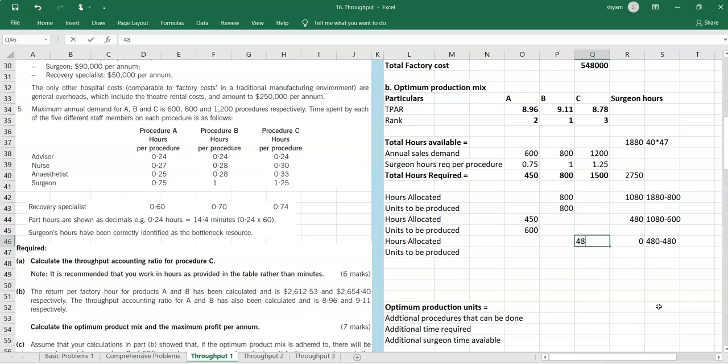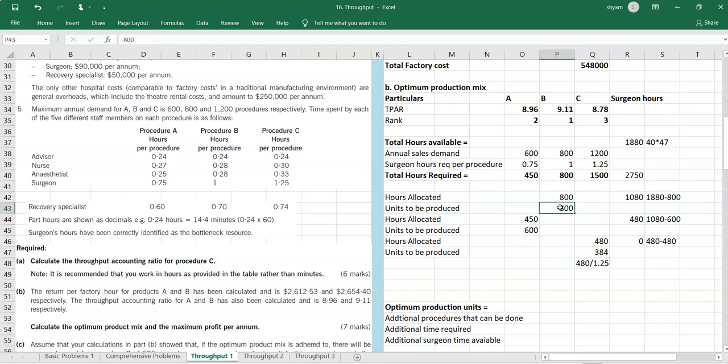Only 480 hours we can allocate, and each procedure takes 1.25 hours. That means 480 hours divided by 1.25 gives us the number of procedures that we can do. So 384 procedures we can do.